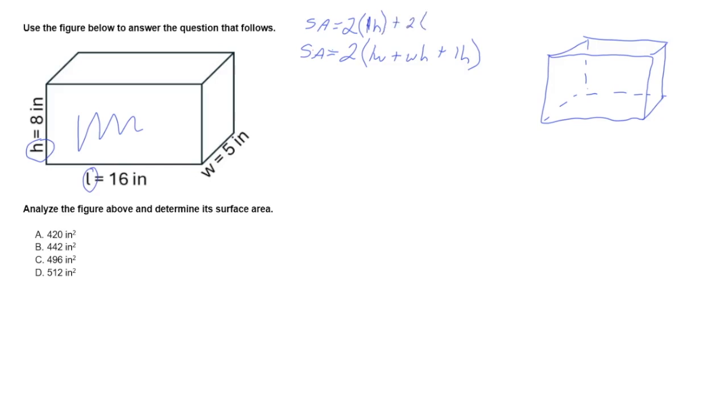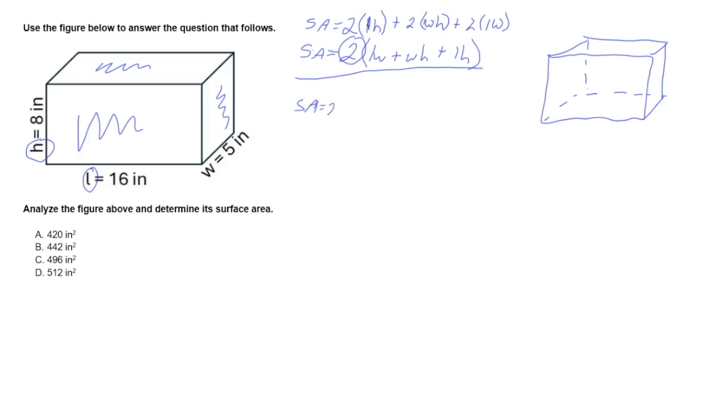So if we wanted to look at this side here, and since the opposite side is equivalent, well, that's our width times height plus 2. Now if we wanted to take this top piece here, that's our length times our width. So all we've really done with this original formula is we've brought the 2 out here to the end. It's the same formula. All right, so let's get into the solution.